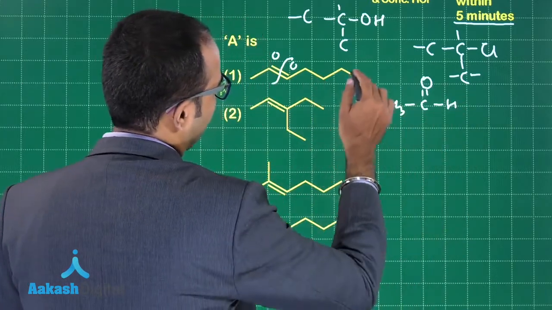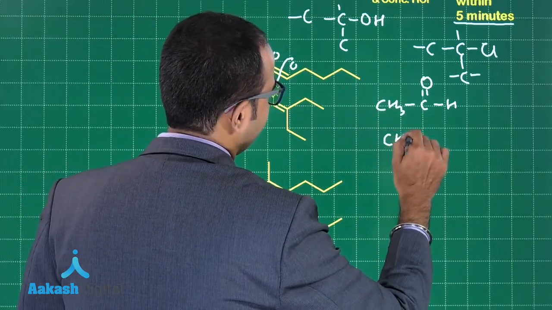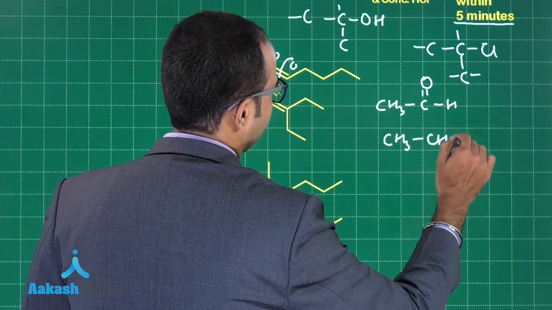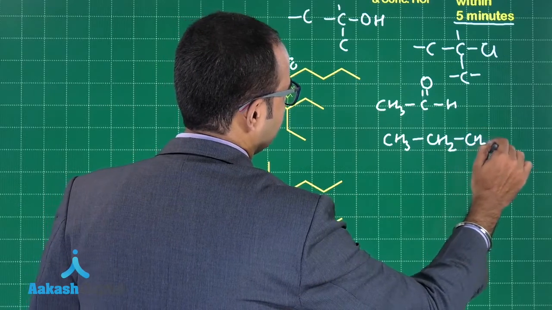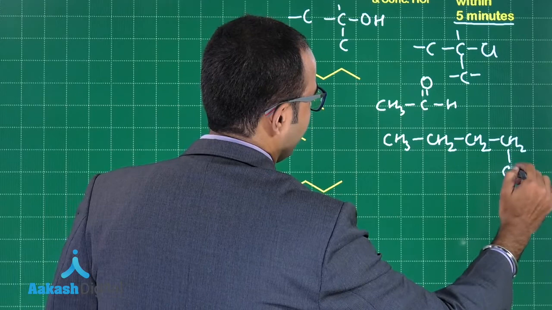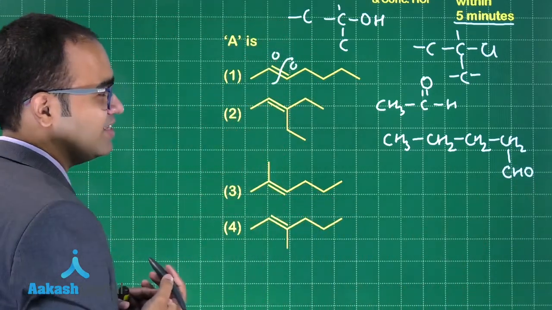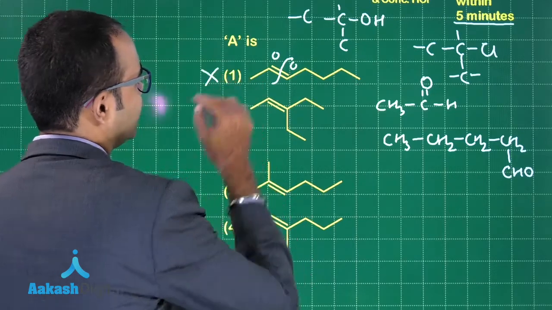And you're getting 1, 2, 3, 4 and 5 carbons. So the first one is giving you both as aldehyde. So the first one is not our answer, guys.